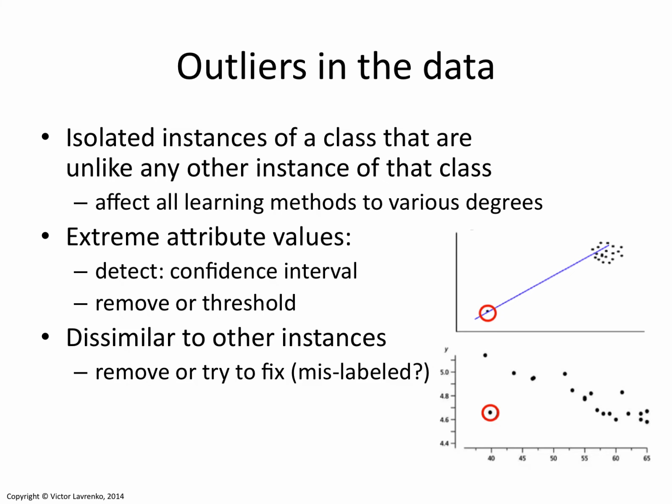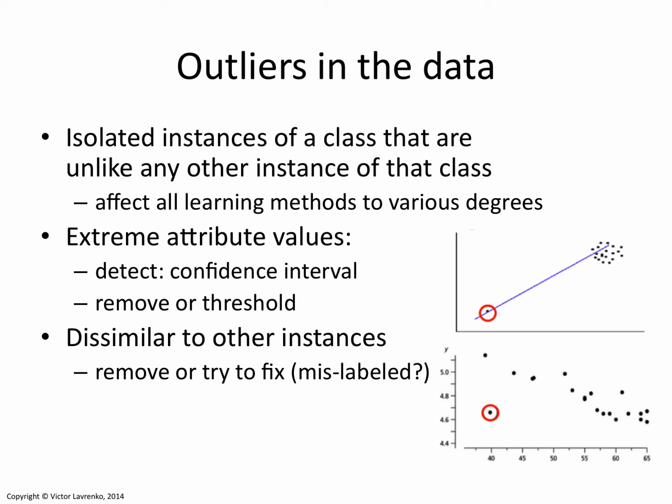A different kind of outlier, and this kind is a lot more devious, is when the attribute values are in range. So this point is clearly an outlier, but the problem is if you look at x by itself, it's not too low.